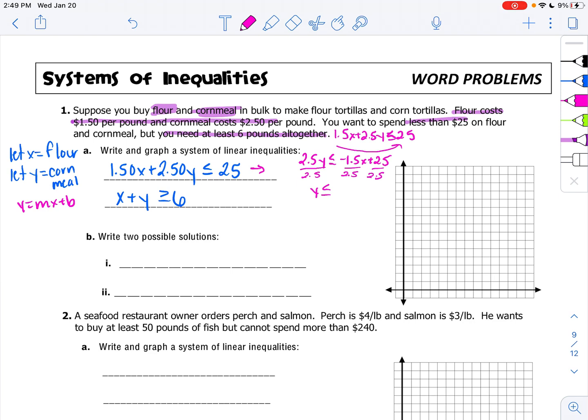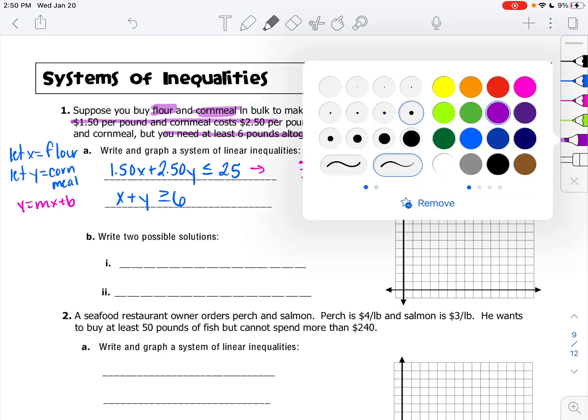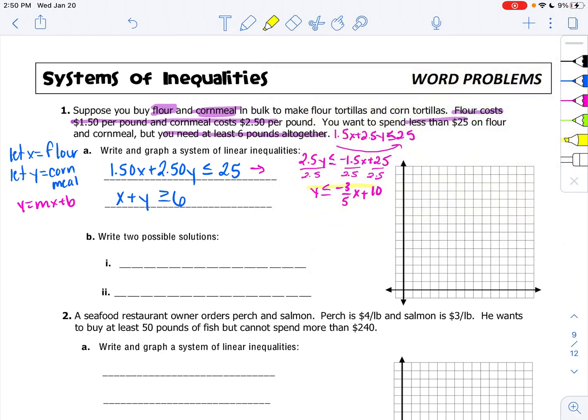Negative divided by a positive is a negative, and 1.5 divided by 2.5, if you put that in your calculator, you get 3/5. So 3/5 x plus 25 divided by 2.5 is 10. This is the first inequality that we're going to graph in a minute.